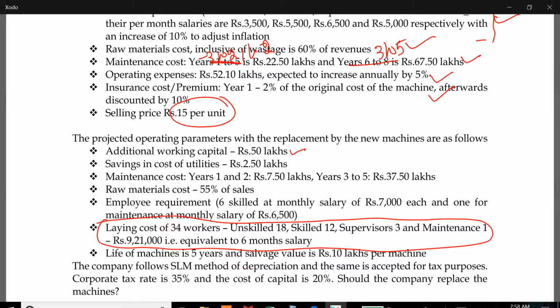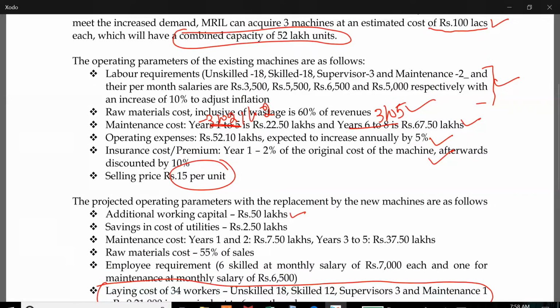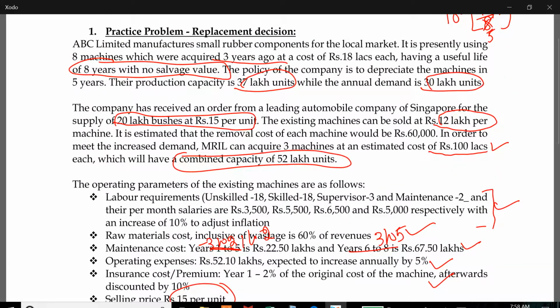Now coming to the insurance, they have said premium year 1 is 2% of the original cost of the machine, afterwards discounted by 10%. Now the only problem is, I am not sure what interpretation the institute has taken.